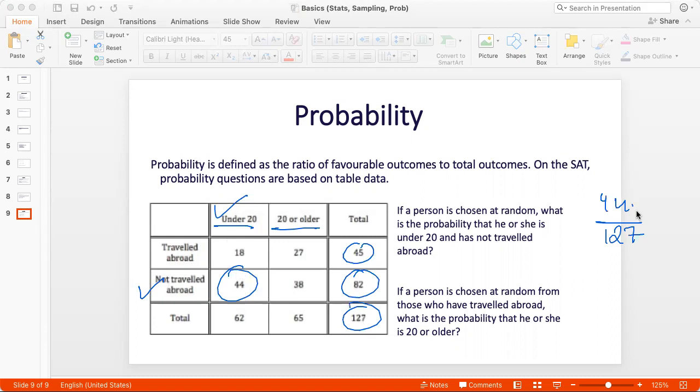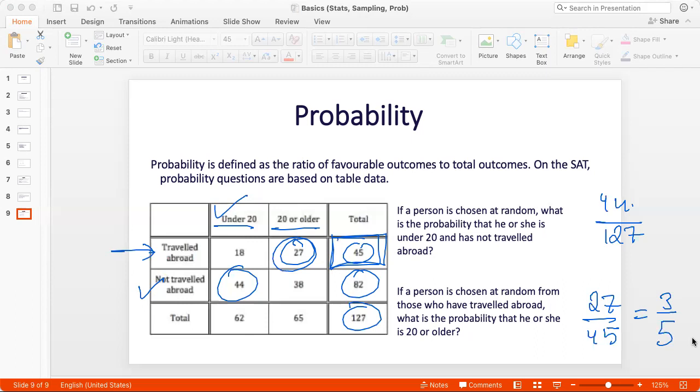If a person is chosen at random from those who have traveled abroad, so now my denominator will be 45 because I'm only looking at those who have traveled abroad. I'm not looking at the others. From this group, what is the probability that he or she is 20 or older? Which means this. From the traveled abroad group, 20 or older is 27. So my answer is 27 by 45, which I can simplify to 3 by 5, right? 9 3s are 27 and 9 5s are 45.